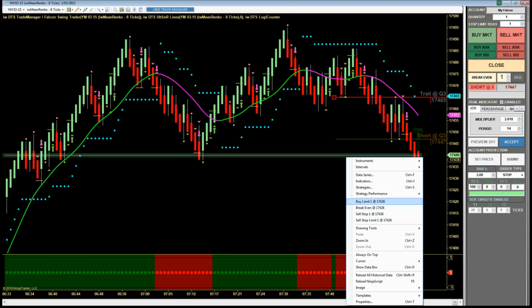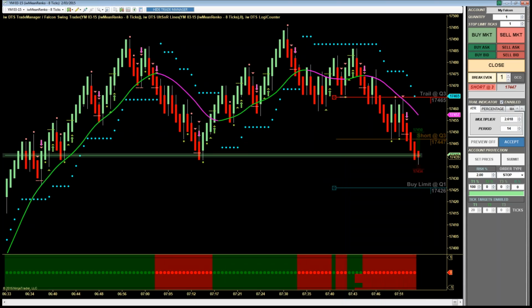I'm going to try something here. I'm going to try a buy limit. And this will give me profit on 1. And it should change my trailing stop to 2 contracts.